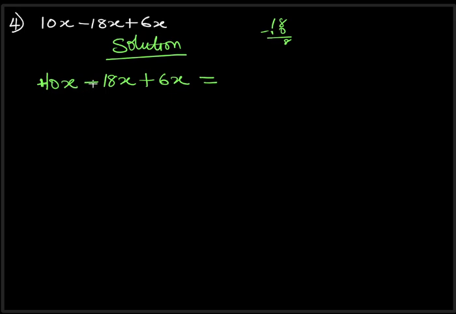We keep the sign of the bigger number, which is minus. That will be minus 8x plus 6x. What do we have here? Different signs. We subtract 8 minus 6, 2. Keep the sign of the bigger number, which is minus. So minus 2x, and that becomes our answer.